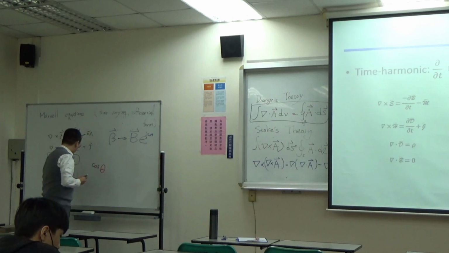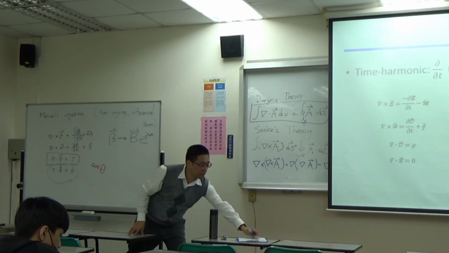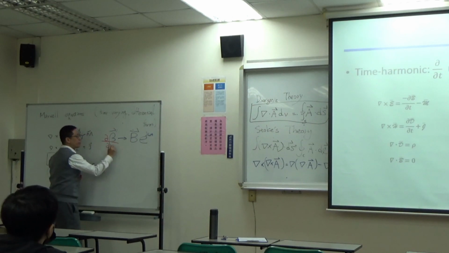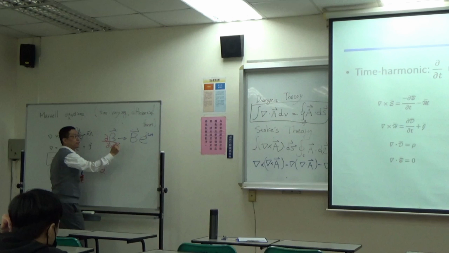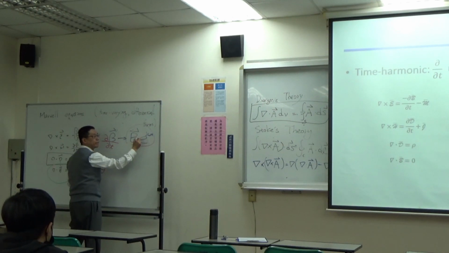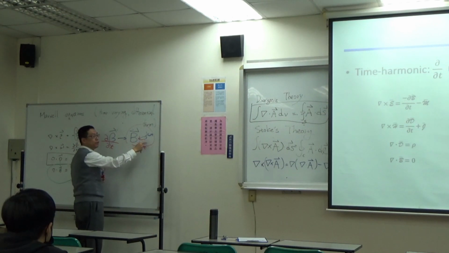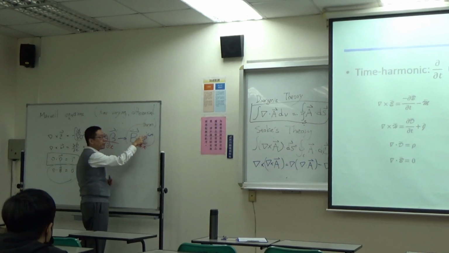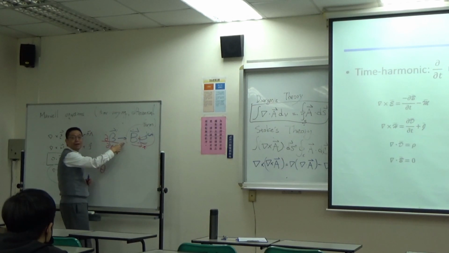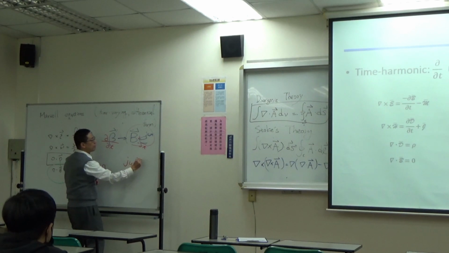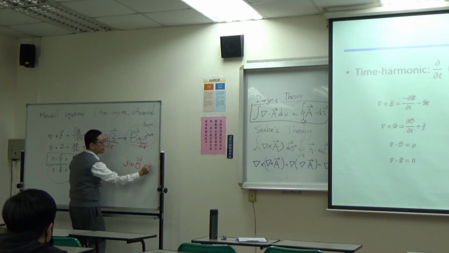What happens if you take the partial differential with respect to t? You maintain the same thing, but you take a j omega outside, right? So it becomes j omega B multiplied by exponential j omega t.